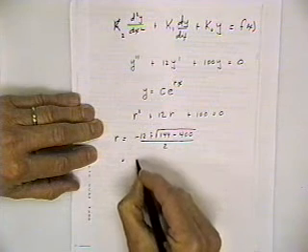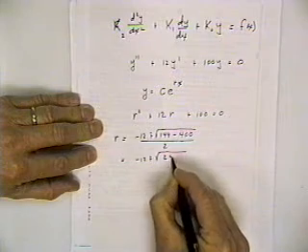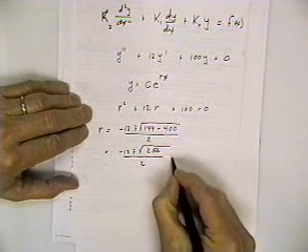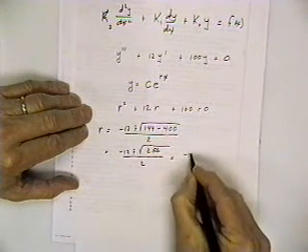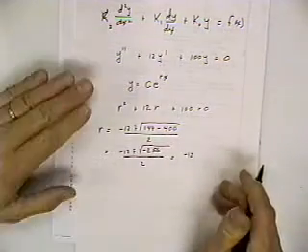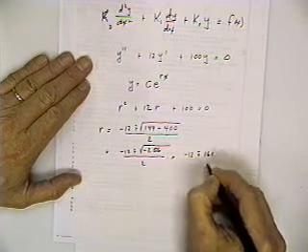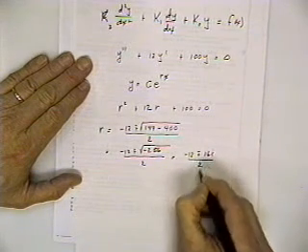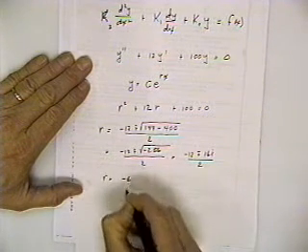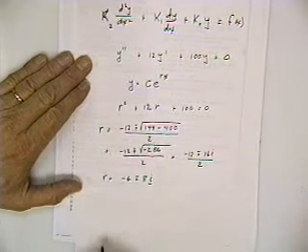This is equal to minus 12 plus or minus the square root of minus 256, divided by 2, which is minus 12 plus or minus 16i, all divided by 2. Or finally, r is equal to minus 6 plus or minus 8i.